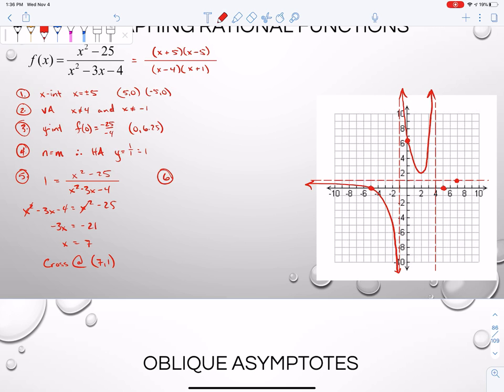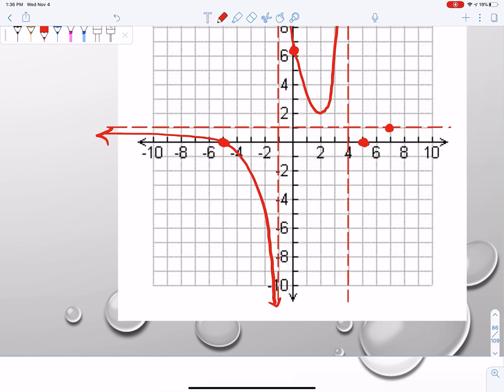In that last interval, working from left to right, I know that I'm below my asymptote. I know I cross it at this point, so I must cross and go above, and then approach the asymptote from the other side. So we're going to get something that looks about like this.